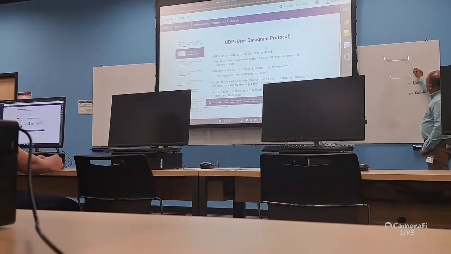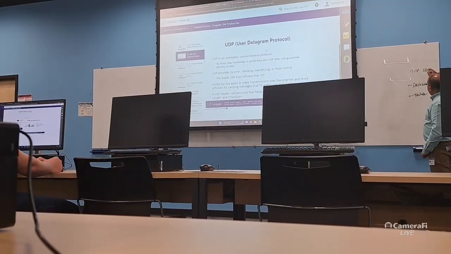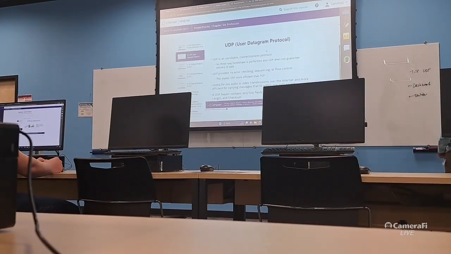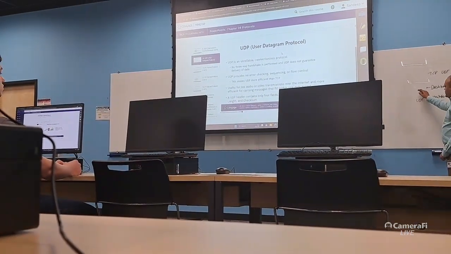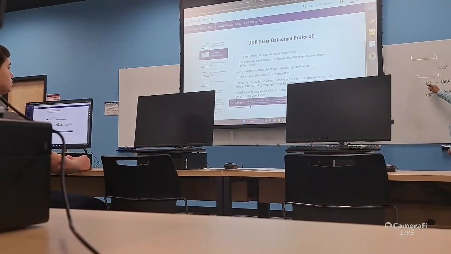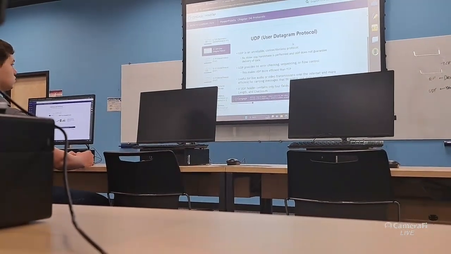Out of these two protocols, TCP or UDP, which one is using what? YouTube is UDP. So YouTube will always use UDP, where dashboard will use TCP.